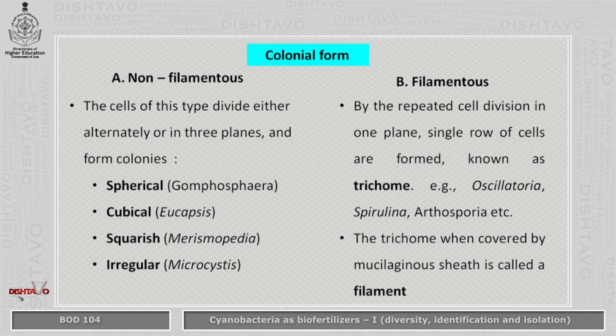In the non-filamentous forms, different colony shapes are formed, which can be spherical, cubical, squarish, or irregular. For the filamentous form, the cells remain in a single row and are covered by a mucilaginous sheath, and are referred to as filaments.